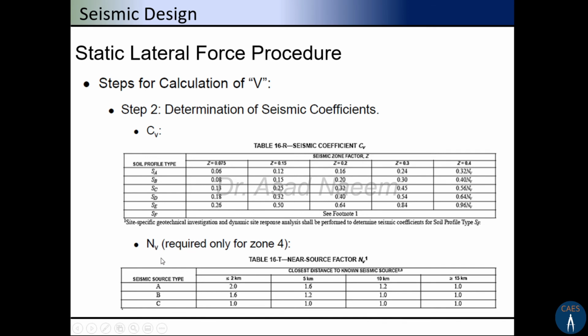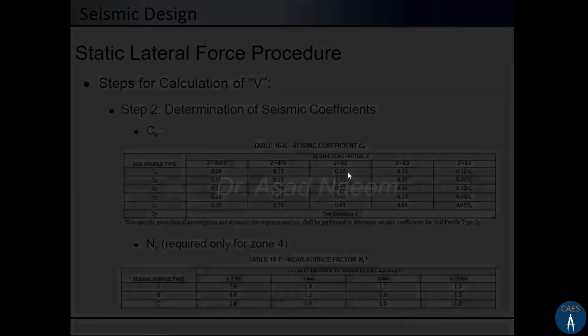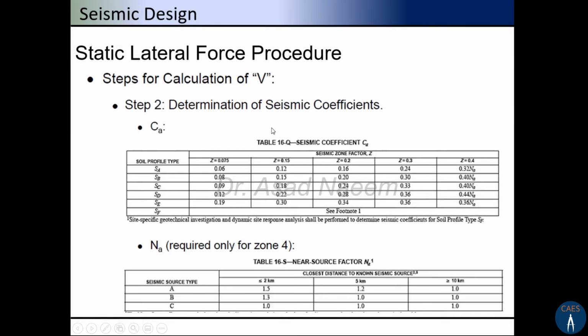And similarly, the near source factor for velocity, we can calculate from the seismic source type and the distance, which can be classified as less than 2 kilometer, 5 kilometer, 10 kilometer, and greater than or equal to 15 kilometer. And similarly, this is the seismic coefficient for acceleration, and we can calculate the values of Ca and Na from these values, especially for seismic zone 4.